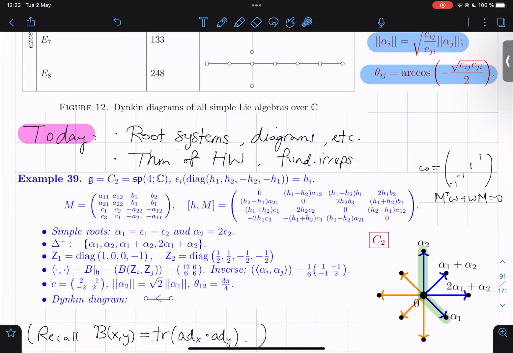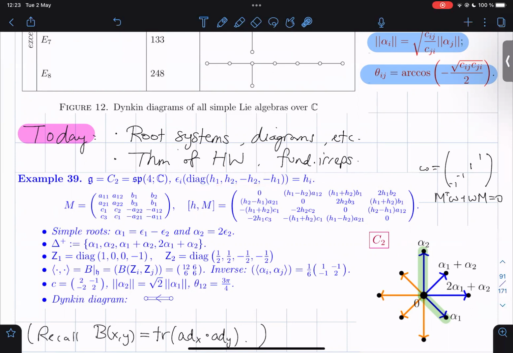And then if you look at the diagonal and how it acts, this tells us some eigenvalue information, just like we did for SL3. So you get these eigenvalues appearing in this calculation over here. Notice that this is the Cartan subalgebra.